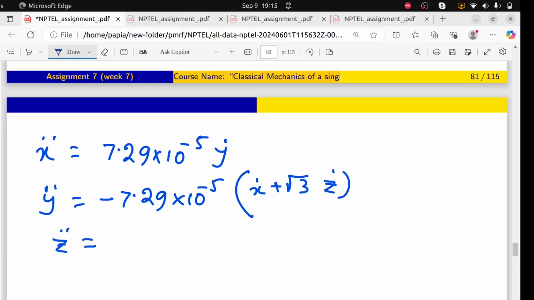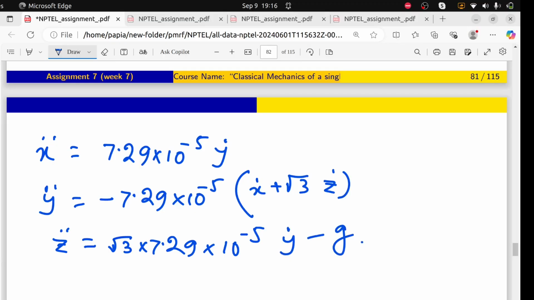Z double dot is root 3 into 7.29 into 10 to the power minus 5 y dot minus g.